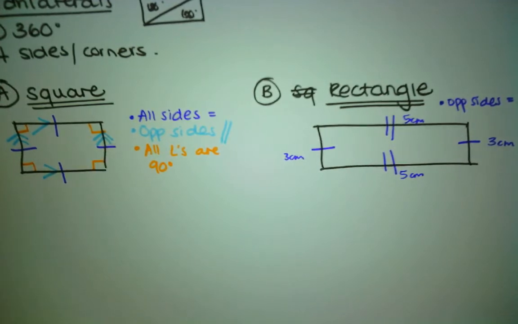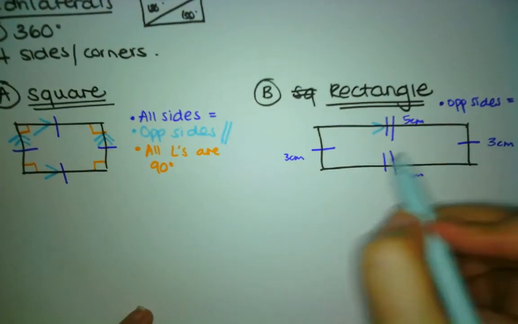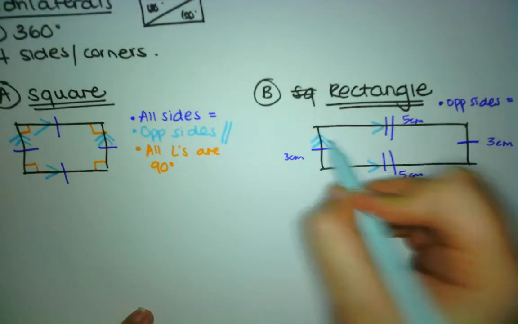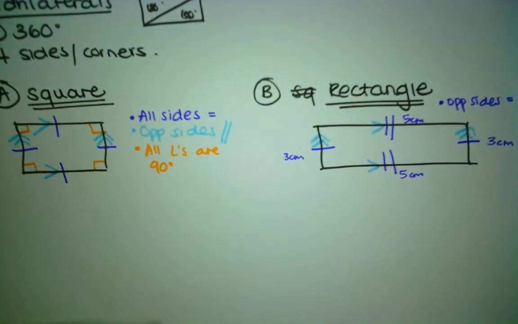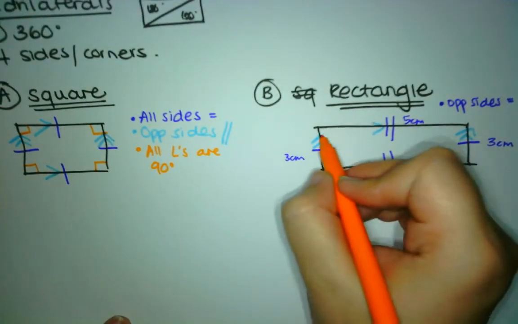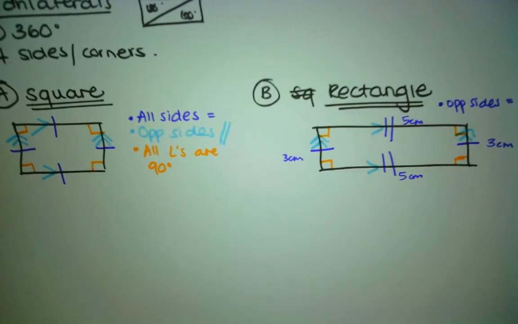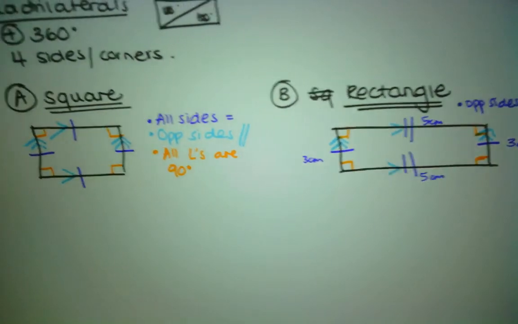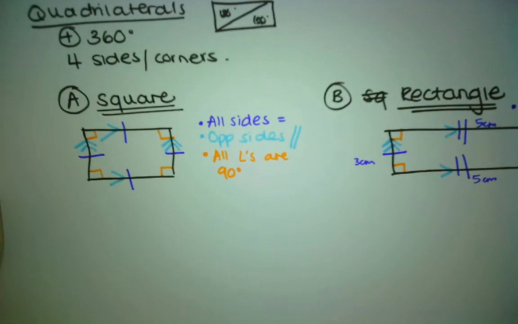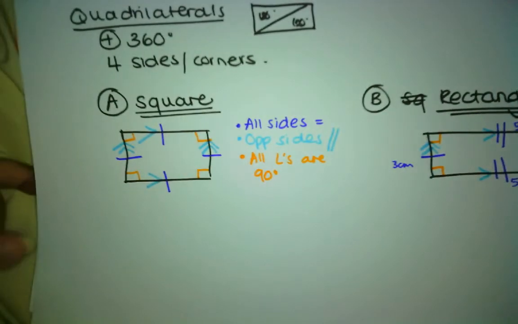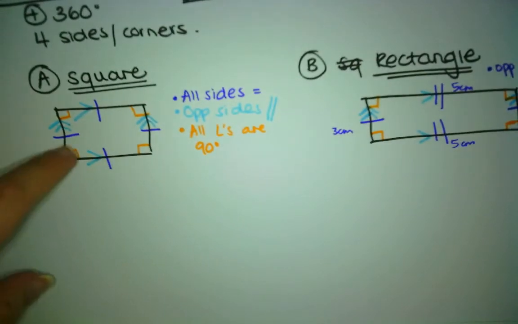So opposite sides are parallel, so let's do parallel there and parallel there, and then all angles are at 90 degrees. Why? Because it is straight up and straight down. That's the difference between a rectangle and a rhombus and a square and a parallelogram. Okay, so there's a difference between all those, mainly to do with the angles.